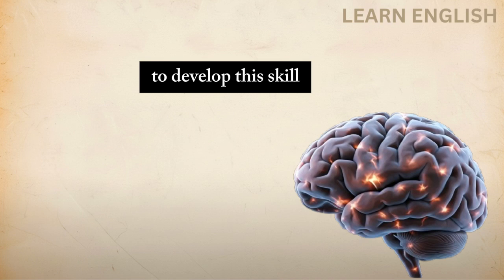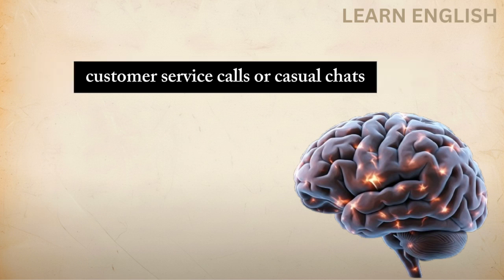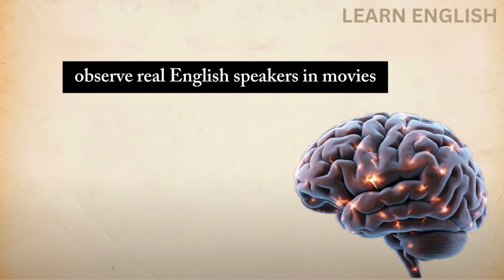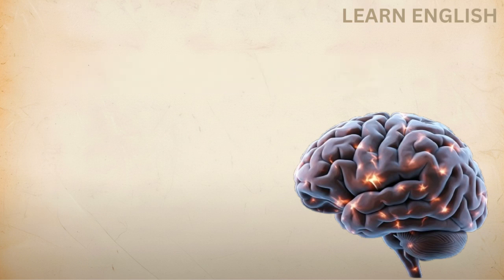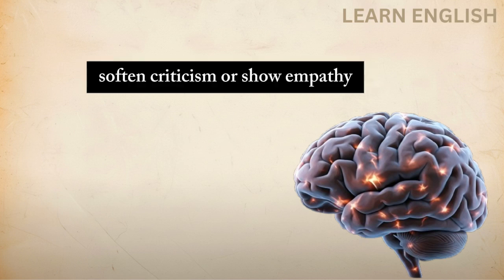To develop this skill, practice imaginary conversations, like job interviews, customer service calls, or casual chats, and respond as a native speaker would. Observe real English speakers in movies, interviews, or shows. Notice how they start conversations, soften criticism, or show empathy.